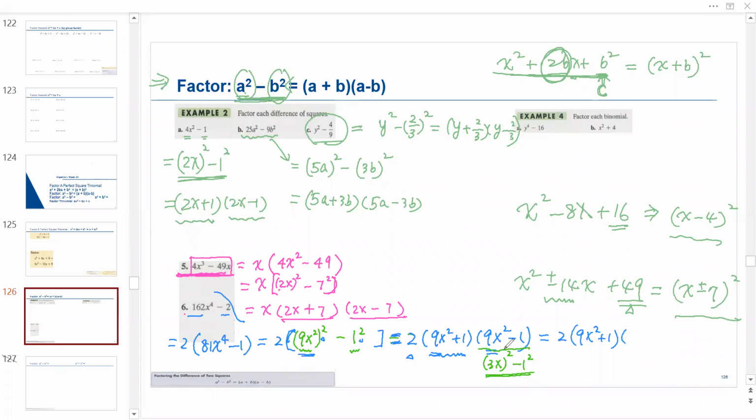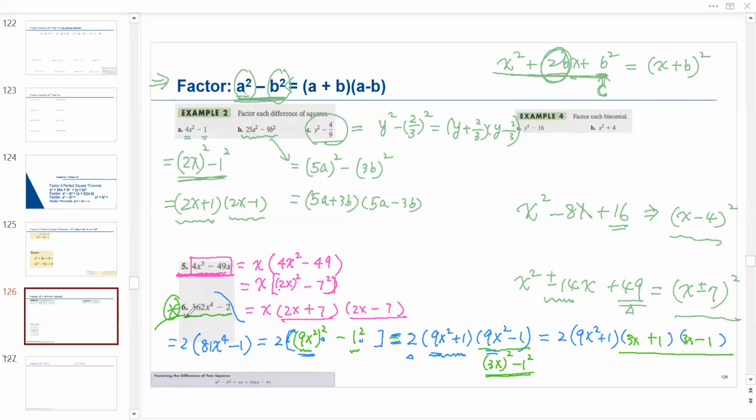So what about the rest of this part? This part will be rewritten, right? So this part can be rewritten as 3x plus 1, 3x minus 1. One is plus, one is minus, right? So this one can be changed to here and matched to here. So right now we have completely factored this one.